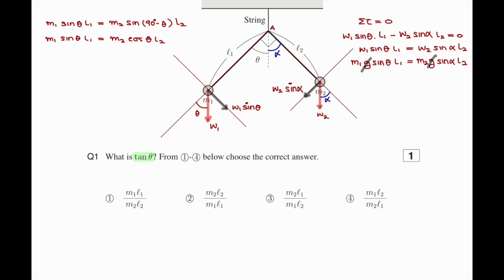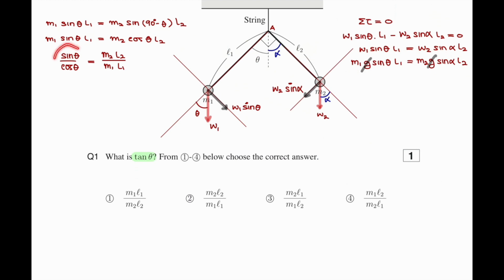And then last but not least, if I move cos theta to the left-hand side, it becomes division. I will get sin theta over cos theta equals, and I will move m1 and L1 to the other side, it also becomes division, so I get m2 L2 over m1 L1.